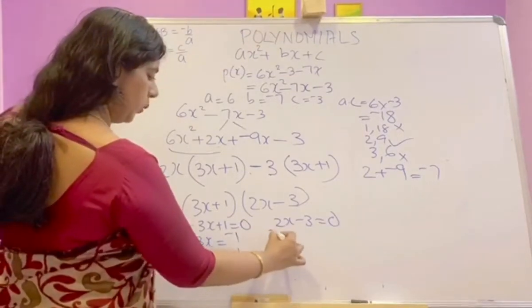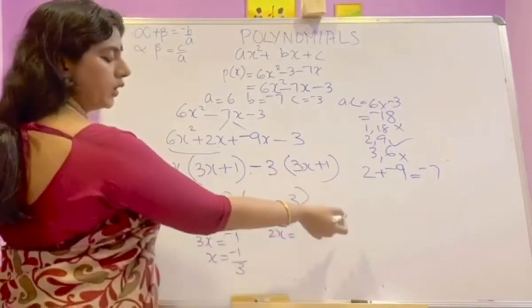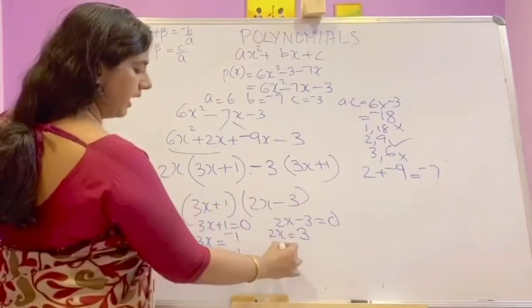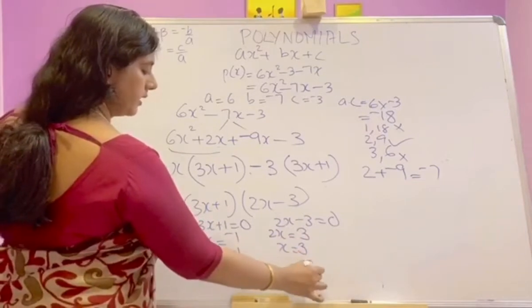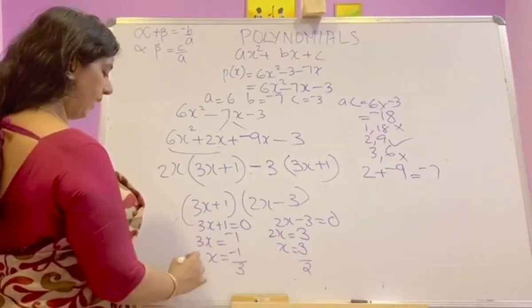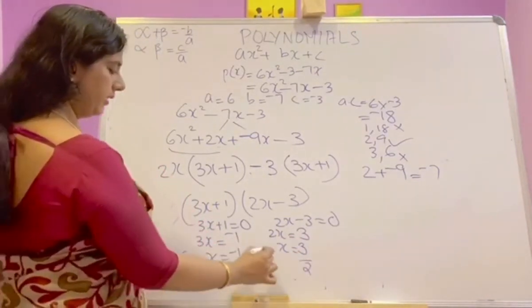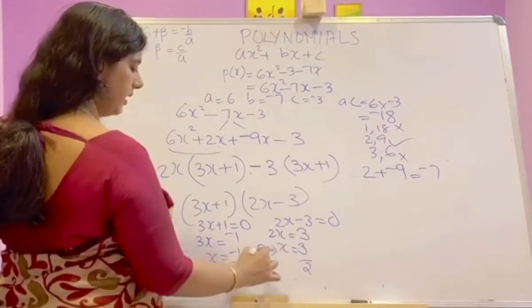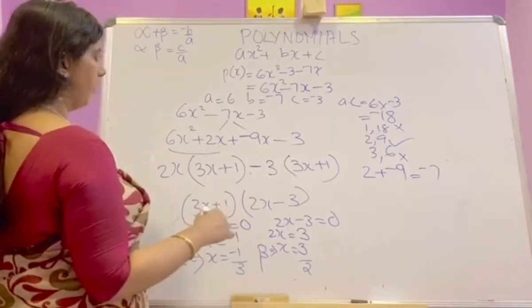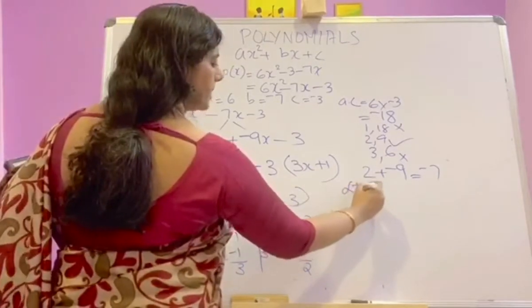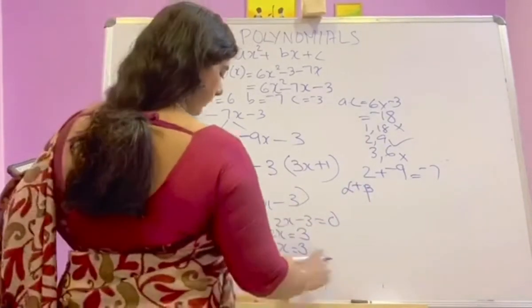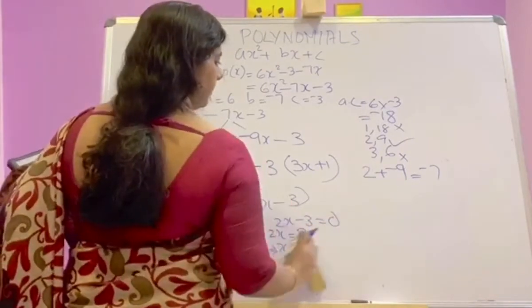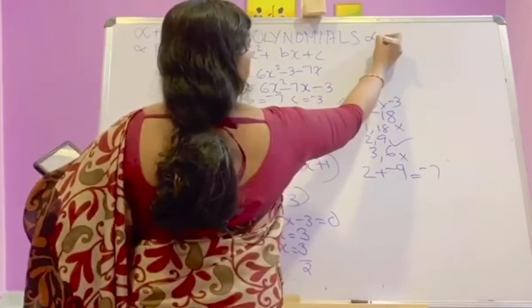Here 2x is equal to negative 3 going to RHS becomes positive 3, and x is equal to 3 by 2, as this goes to the denominator. So alpha is negative 1 by 3 and beta is 3 by 2. Let us find alpha plus beta. Here I will do it here. Alpha plus beta.